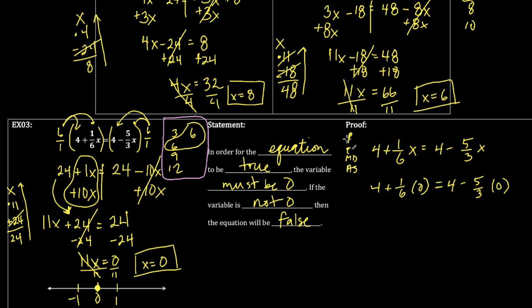No parentheses, no exponentiation. So we have multiplying and dividing. 1/6 times 0, anything times 0 is going to give you 0. So 4 plus 0. And over here, anything times 0 is still going to give me 0. So 4 plus 0 is 4, and 4 minus 0 is 4.